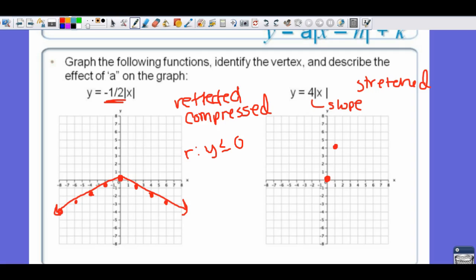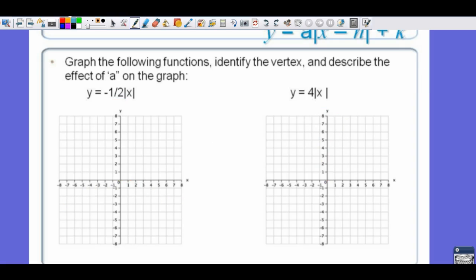It also goes up 4 and left 1. All absolute values have arrows pointing in whatever direction the line is going. My domain is all reals, and the range is y greater than or equal to 0.